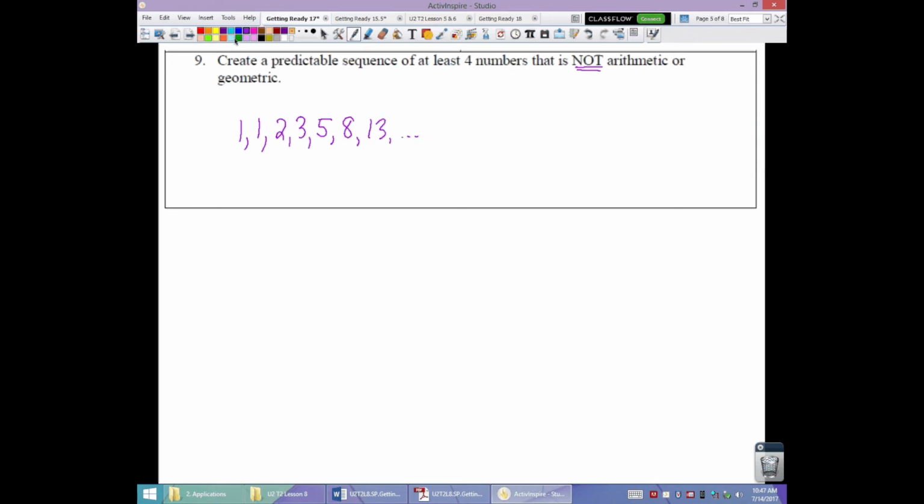The pattern in this sequence is we start with two ones, and then each successive term just adds the two previous terms. So 1 plus 1 is 2, 1 plus 2 is 3, 2 plus 3 is 5, 3 plus 5 is 8, but it is not, however, arithmetic or geometric.